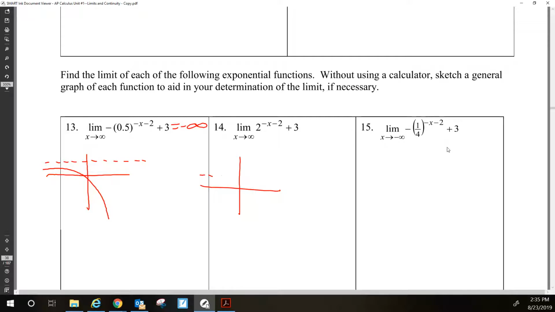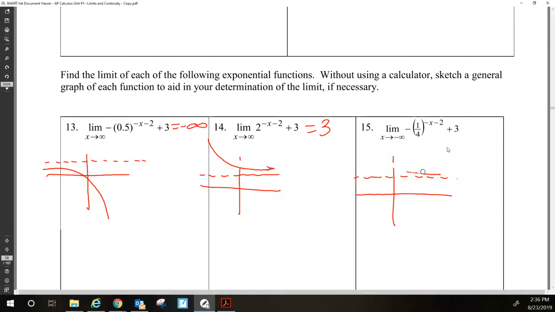For number 14, 2 is a whole number bigger than 1, so here's my asymptote, right? It should look like this, but this horizontal reflection is actually going to make it turn and go something like this. So as we go to infinity, it's going to go to my asymptote, which is at 3. And then finally, 15, we're also up here at 3. It's a fraction less than 1, so it should look like this.